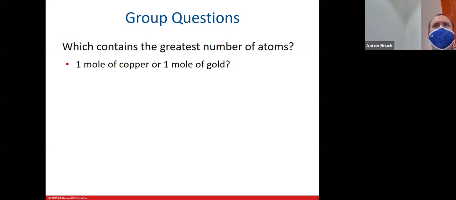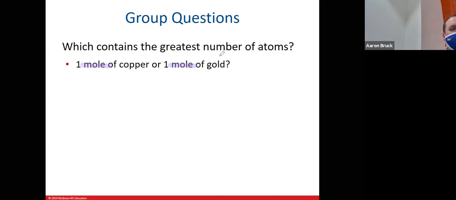It's not gold. By the way, it's not copper either. This is a seemingly trick question. The key word you needed to focus in on: we're talking about a mole of each.